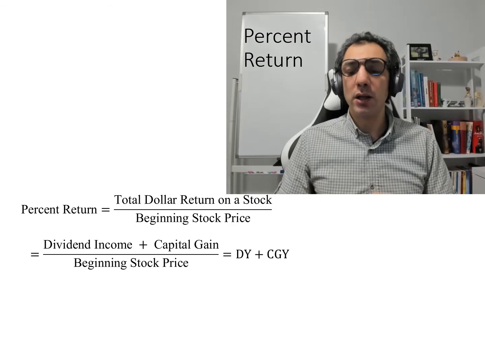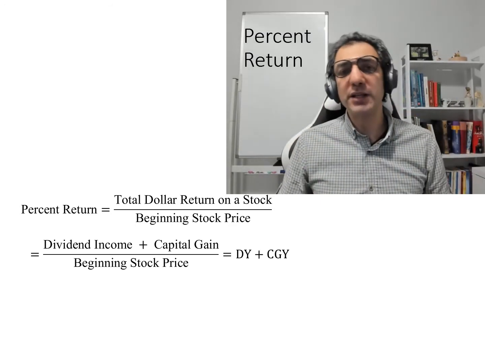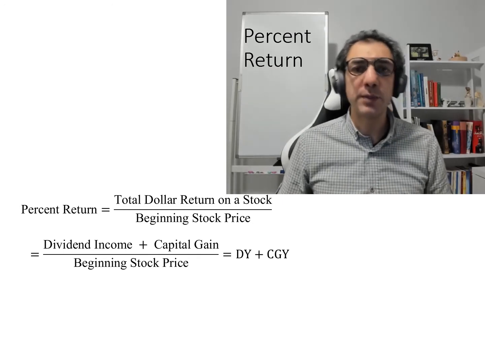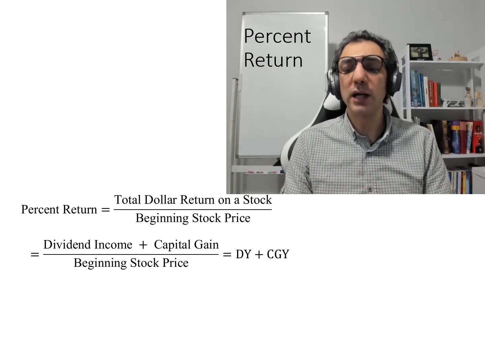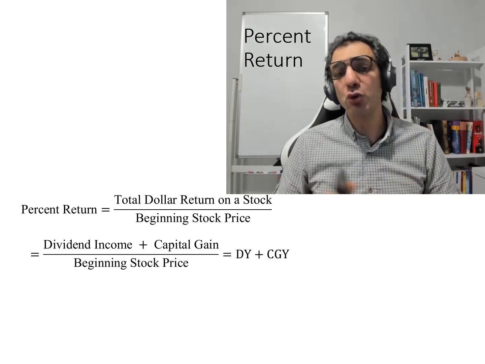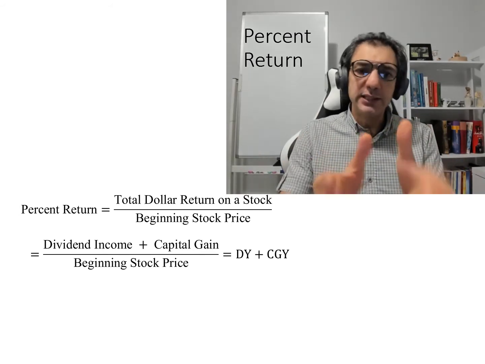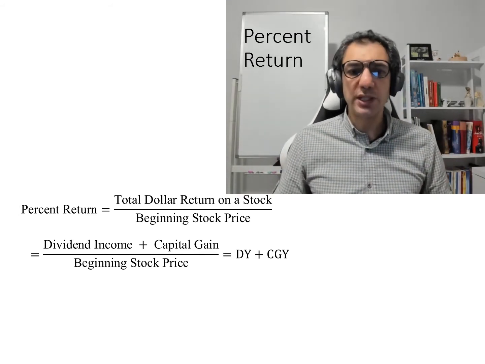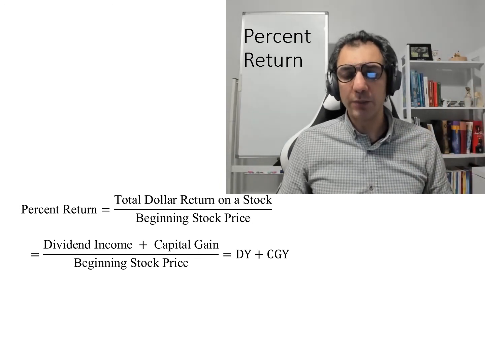You earned $7, $5 based on the capital gain and $2 based on the dividend. If you divide $7 by $20, you will get 35%. That 35% is your percent return. We can write it down in the form of a formula. As you see, we are saying dividend plus capital gain divided by beginning stock price.